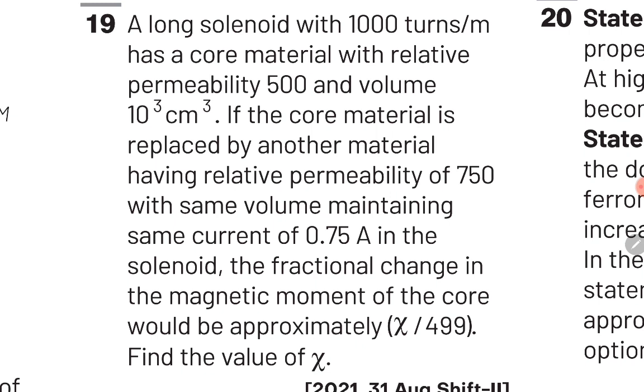This means the magnetic dipole moment in the two core materials will be directly proportional to the respective magnetic susceptibility. So the equation will be m1 upon m2 is equal to chi1 upon chi2. So this is the main concept of this question. Let's observe this in the solution in the next slide.